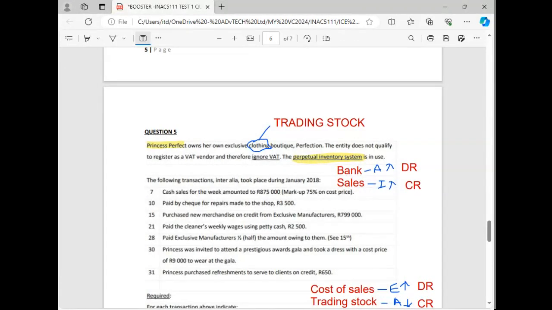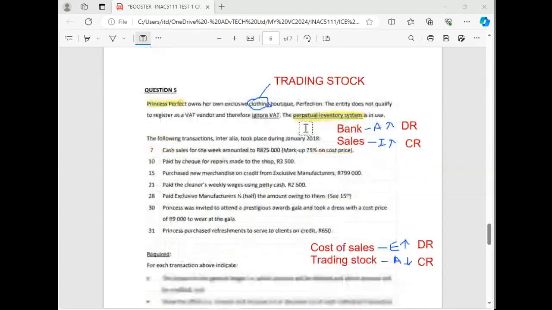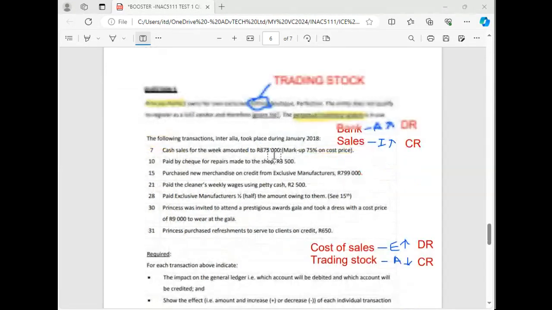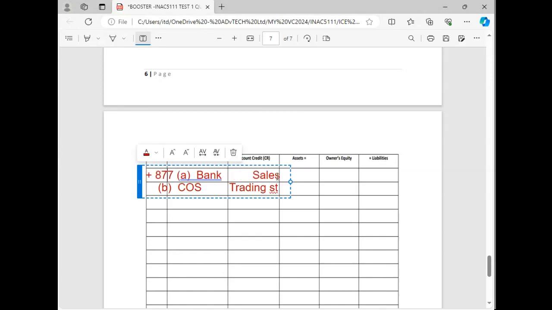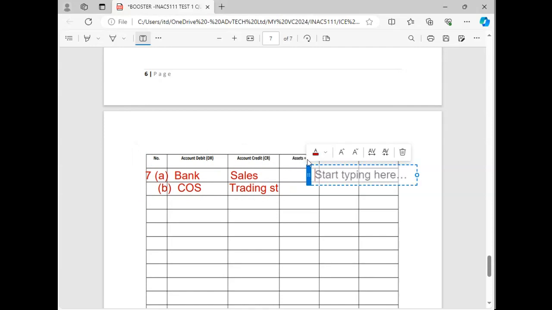875,000. Please tell me, write on the chat. Tell me how to write it down here. The amount is 875,000. So how to write it down, under which column? Plus 875.